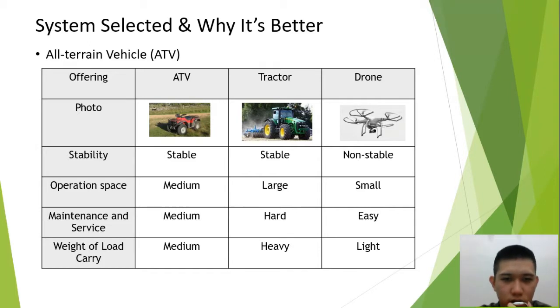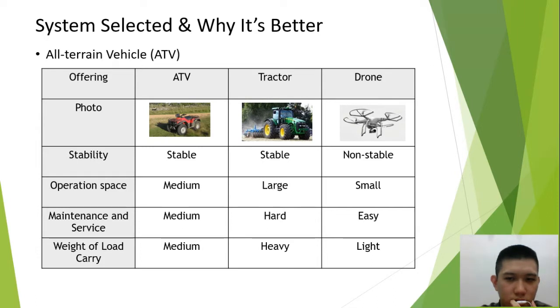For the load that can be carried by the mobile platform, the tractor can carry a heavy load compared to the others due to its big size. The ATV is able to carry a medium-size load, which is suitable for our project, which only installs the soil collecting actuator and the sensor behind the ATV.